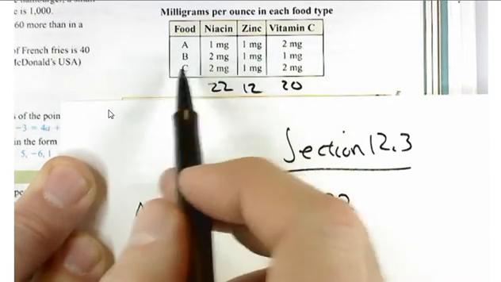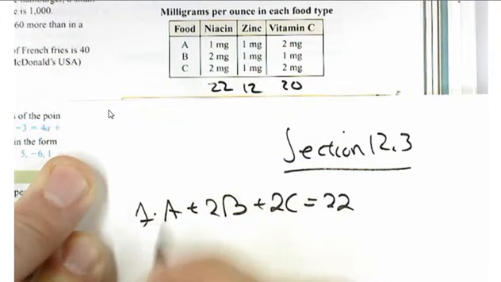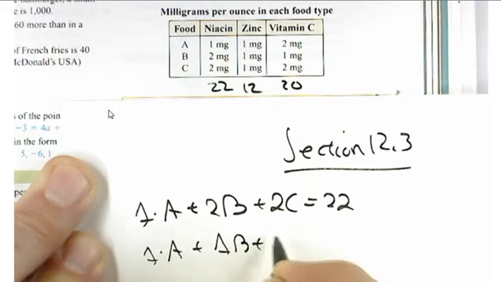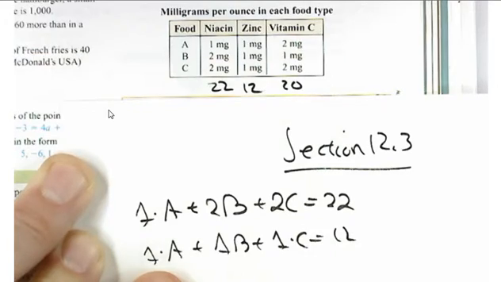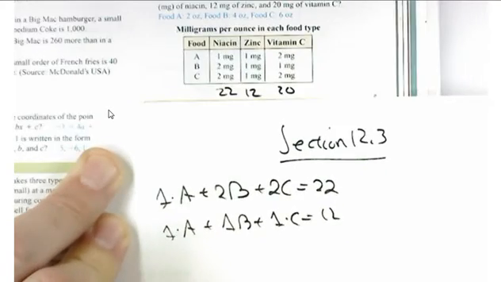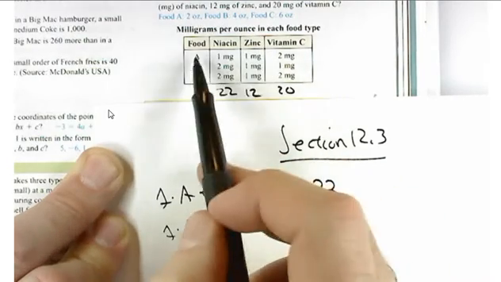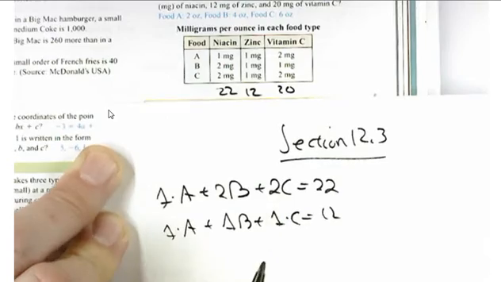What would the next equation look like? Yeah. 1 times A plus 1 times B plus 1 times C equals 12. You don't have to put the 1 here. I'm doing that just to emphasize where this is coming from. It's this number times A, this number times B, and this one times C, etc.